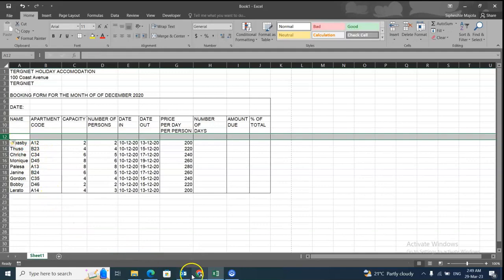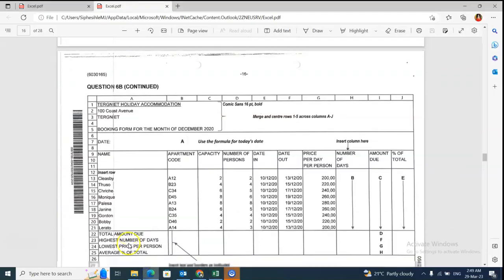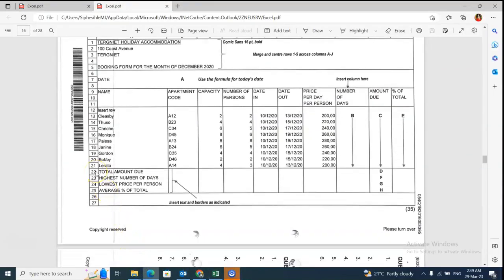There we go. And then the instruction continues to say from row 22 to row 25 I should insert this data here.